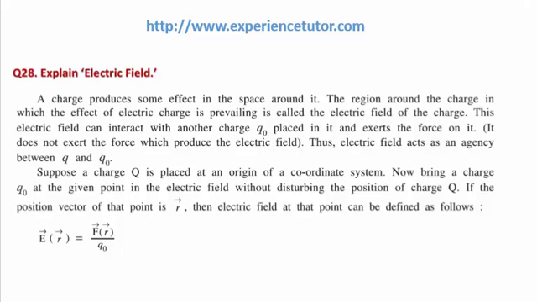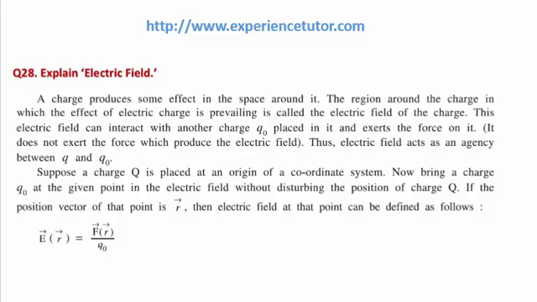Question 28. Explain electric field. A charge produces some effect in the space around it. The region around the charge in which the effect of electric charge is prevailing is called the electric field of the charge.